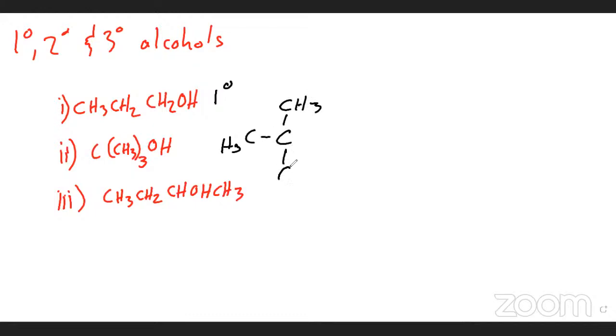So if you're not sure how to determine if the alcohol is primary, secondary, or tertiary, I'll just quickly show you. You pay attention to the carbon that is bonded to the OH group.